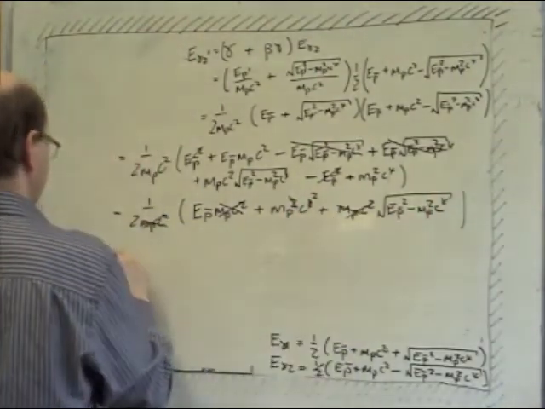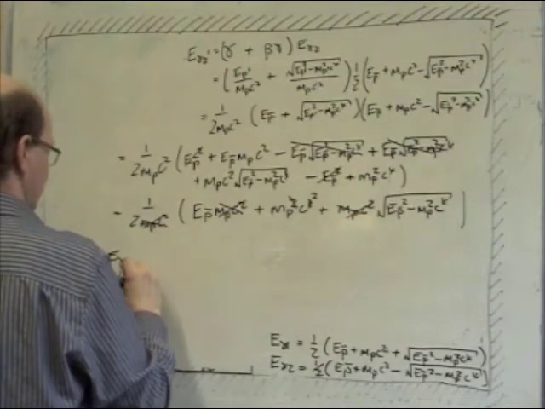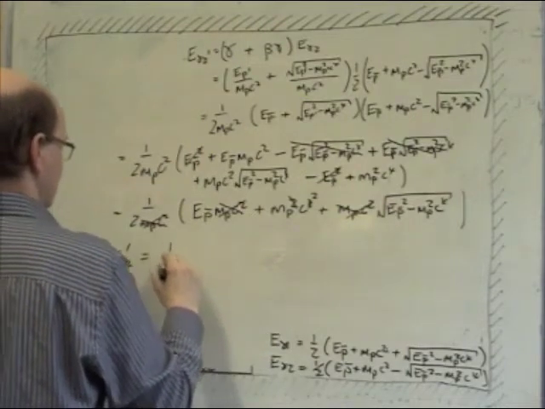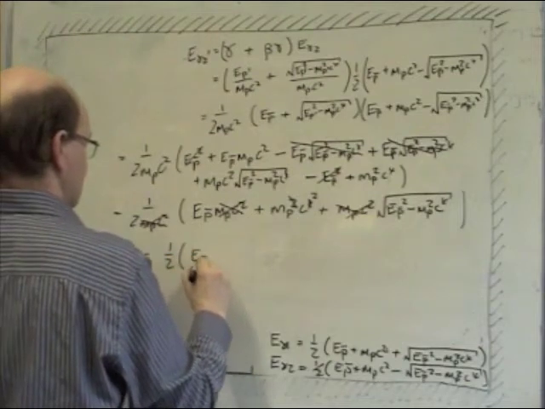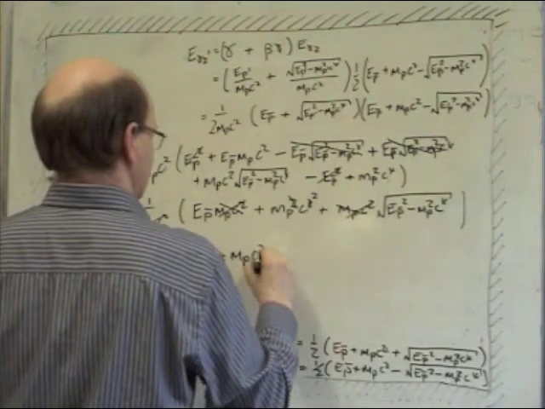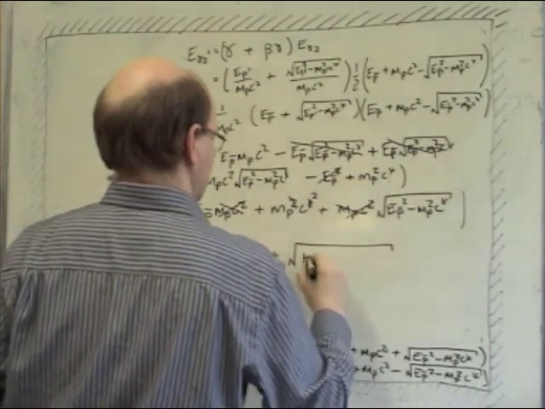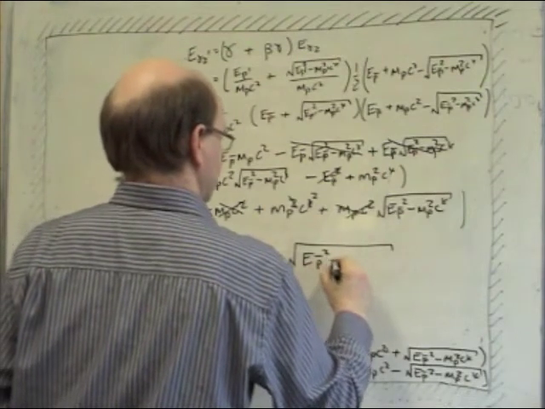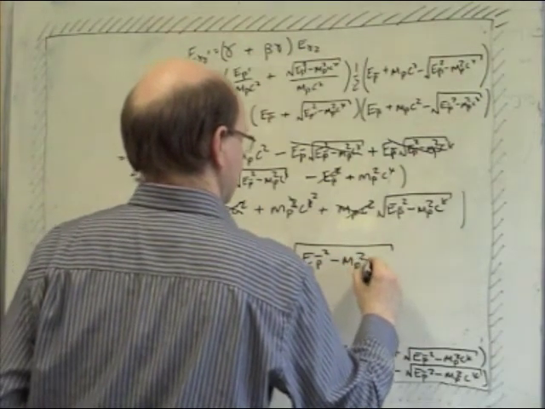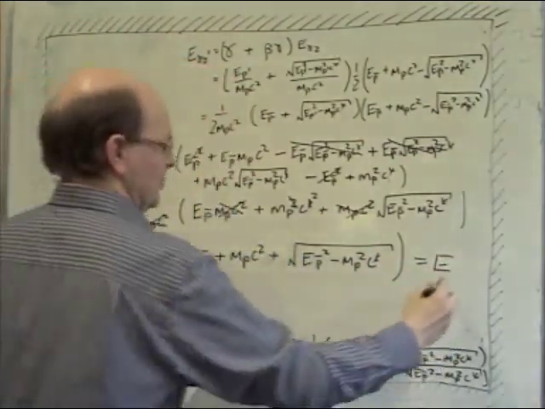And so you're left with E gamma 2 primed equals 1/2 of EP bar plus mpc squared plus square root of EP bar squared minus mp squared c to the fourth. But that's equal, as you can see, to E gamma 1.